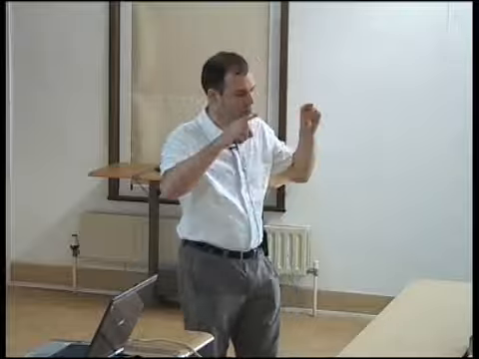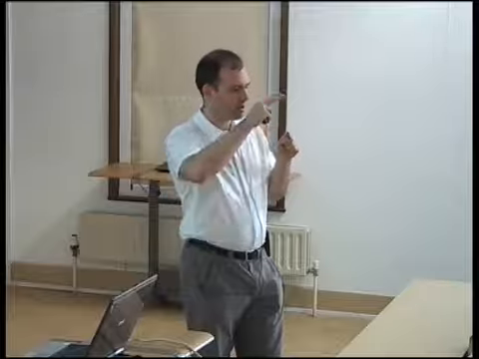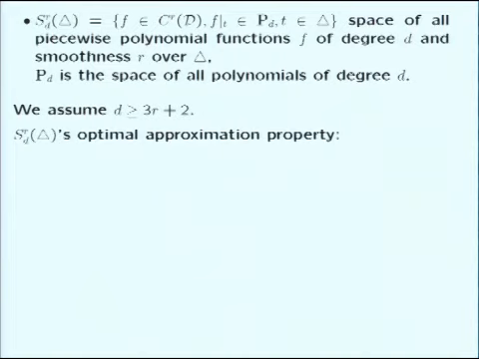If you think of the 1D problem, you usually have knots when you consider splines, a degree for a specific polynomial in between, and then some smoothness condition at the knots. Here it's the same idea. You have inside each triangle a polynomial of degree d, and then you have conditions across the triangles. We make this assumption, which is a technical assumption here, to get some optimal approximation properties.